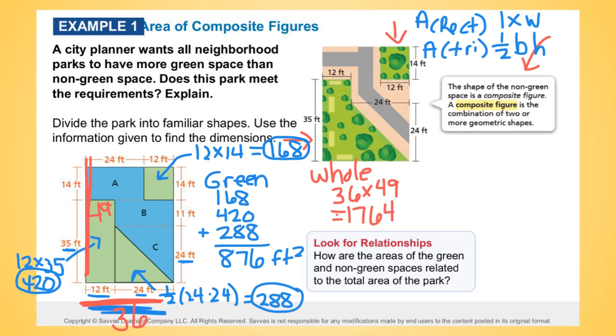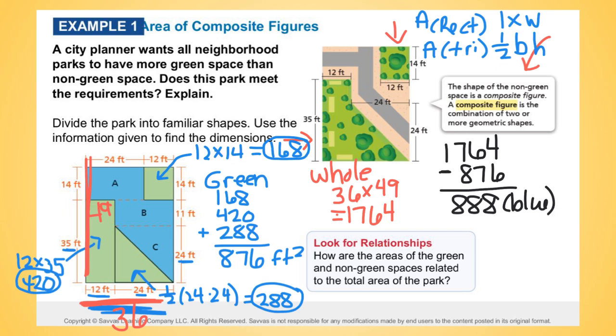So if you remember, we have this divided into two different things. We're going to take the entire 1764 rectangle. We're going to get rid of the green space. The green space is 876, which should just leave us with the blue spaces of 888. These are the blue spaces.